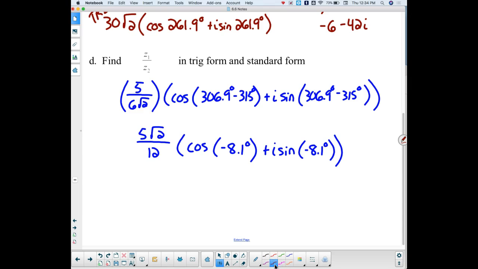And so then that would be the trig form, would be 5 square roots of 2 over 12 times the cosine of 351.9.